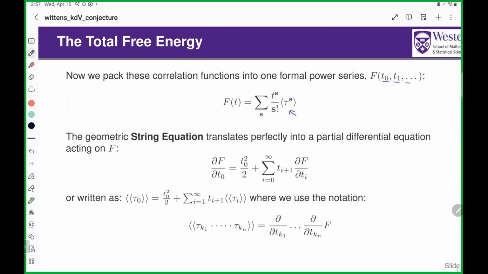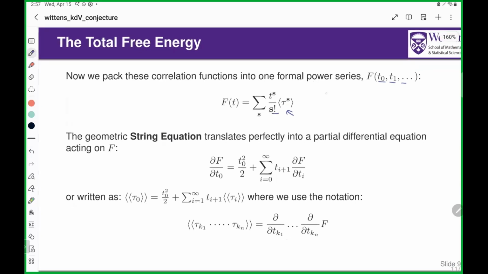So there are infinitely many variables. T0, T1, and keeps going. You divide by this multi-index. So S factorial equals whatever the first one is factorial multiplied by the second one factorial, dot, dot, dot. And well, you make this giant formal power series where the coefficients are the correlation functions.